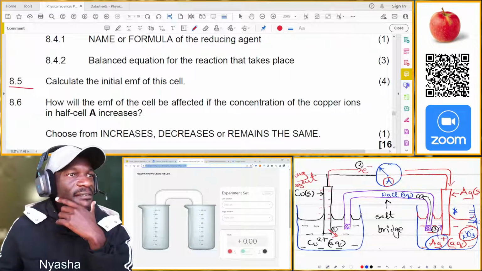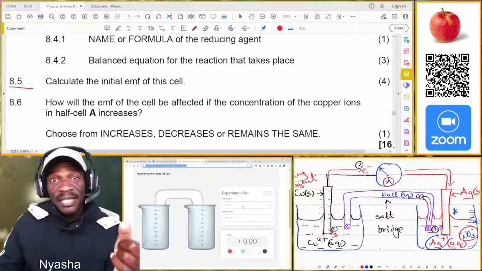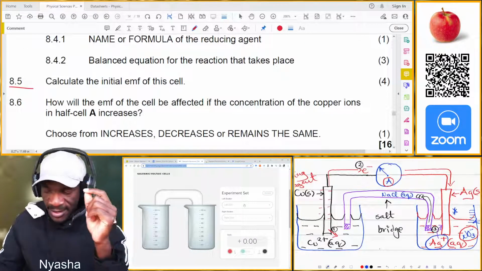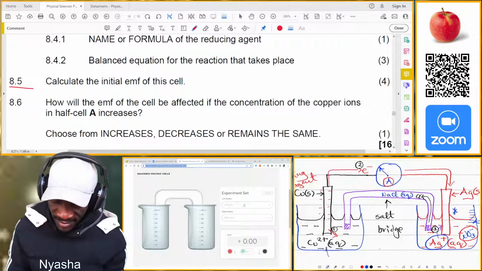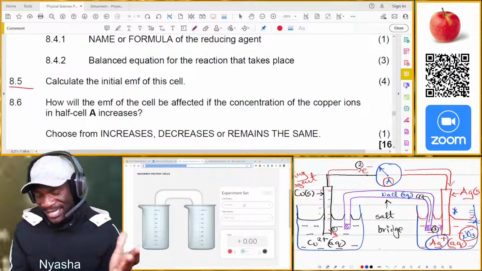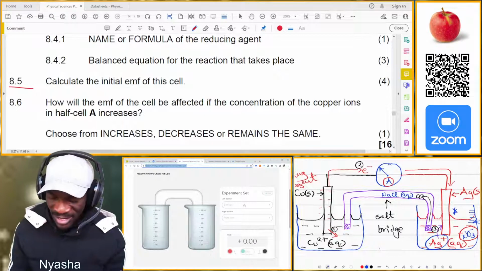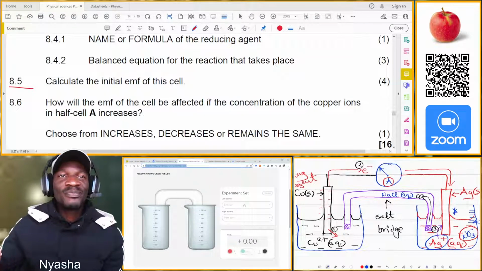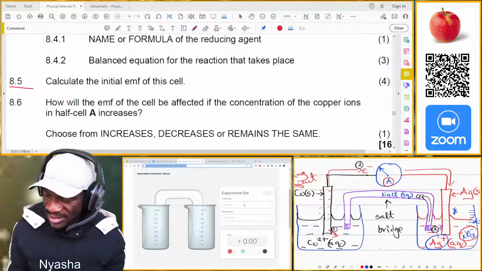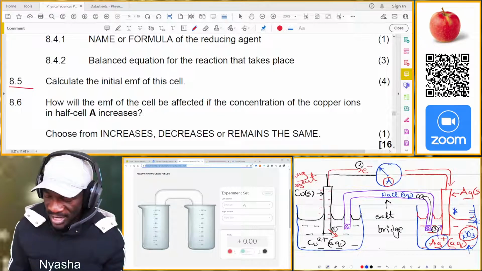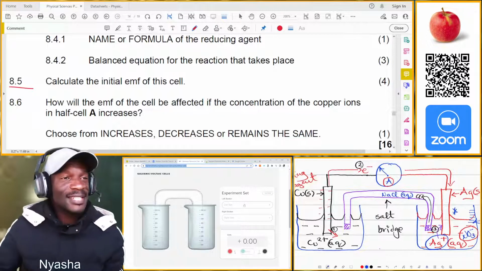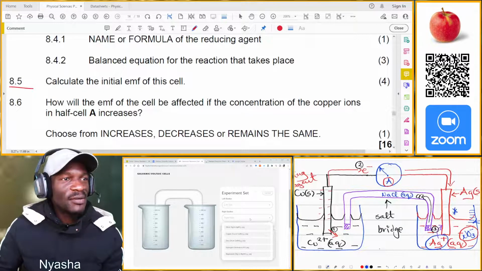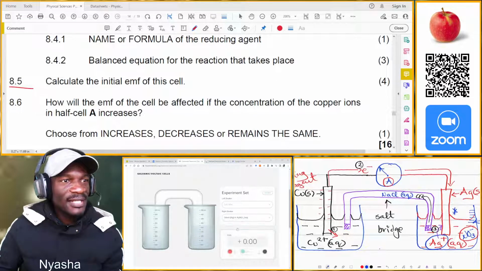We must have in the left beaker some copper solution. So it must be a solution of copper with some, so it's a salt of copper, isn't it? On the right hand side, we already know that we have silver nitrate. So let's actually put on the right beaker silver nitrate.